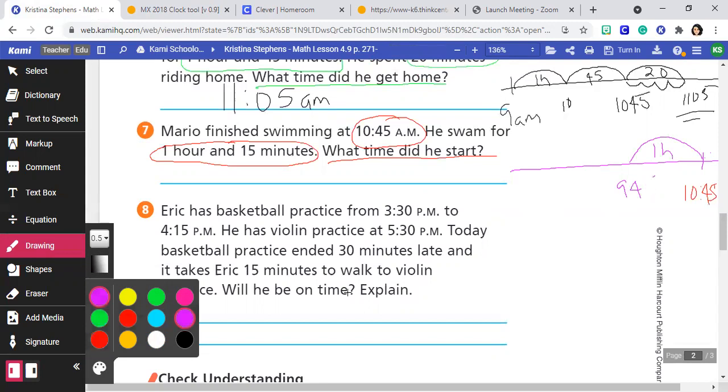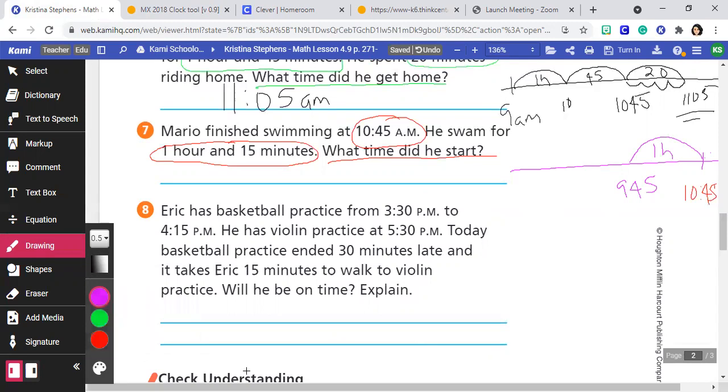I don't like the way that 5 looks. 9:45. And if I go back another 15 minutes from 9:45, I could count backwards. 45, 40, 35, 30 to get me to 9:30.